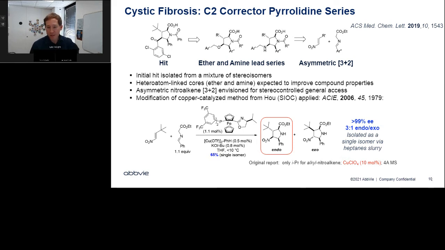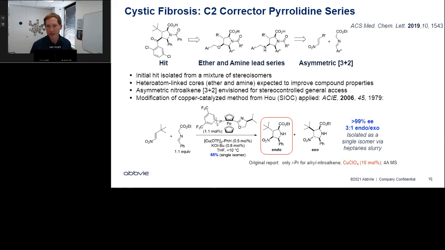And so, as embedded members of this team, we thought that nitroolefin 3+2 could be a good approach to access both amines through just simple reduction to an amine, or through some kind of Nef reaction to give alcohols and then ultimately ethers.